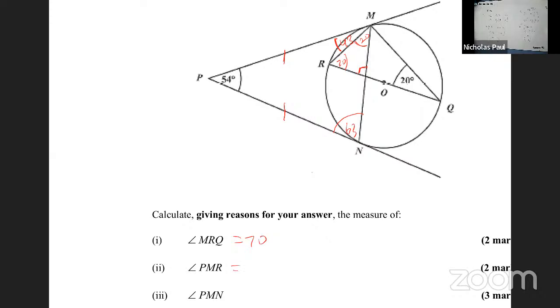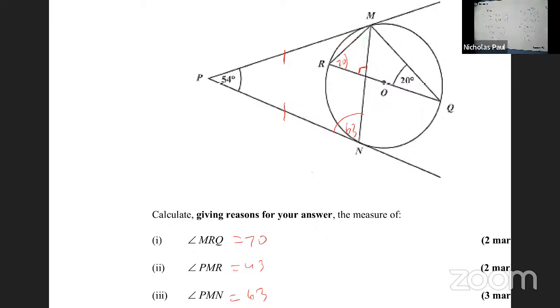And the last one is what? PMN. We got that already. PMN is 63. I find it strange that we get to figure out that part first now. You're seeing this?